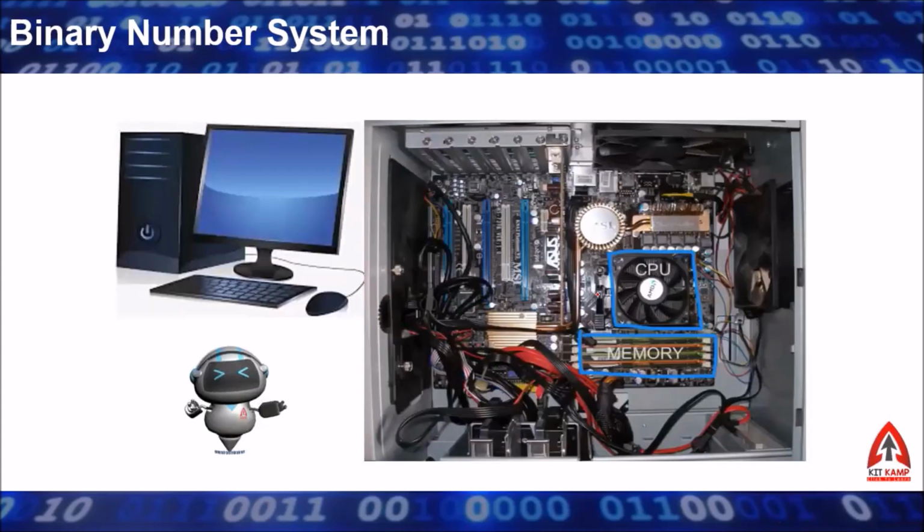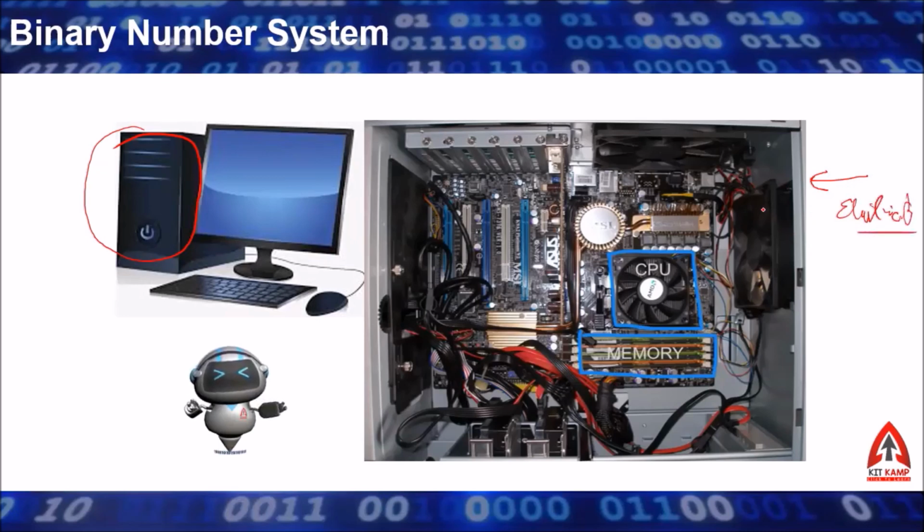Now, this is the internal structure of your CPU. If you look inside this, it's a complete city of millions of tiny switches or circuits. As we discussed, your system is powered on by electricity.